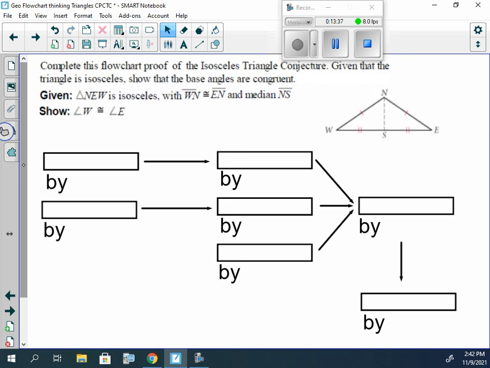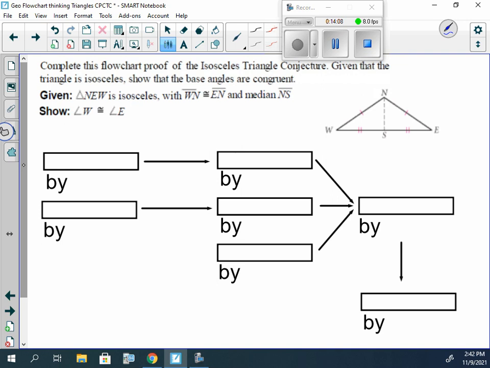Now, we want to complete this here really to do a proof of the isosceles triangle conjecture. And the isosceles triangle conjecture is really saying if we have an isosceles triangle, the angles opposite the congruent sides are congruent. And that's what we're going to show with this here. Now, they did provide us with a nice little diagram here. And it's kind of telling us WNE is isosceles. Well, these WN and NE would be congruent because it's isosceles.